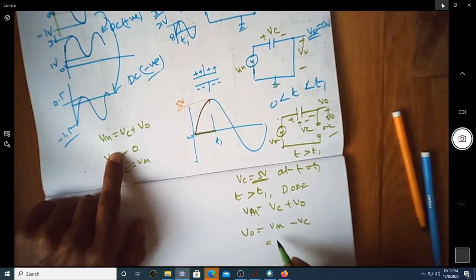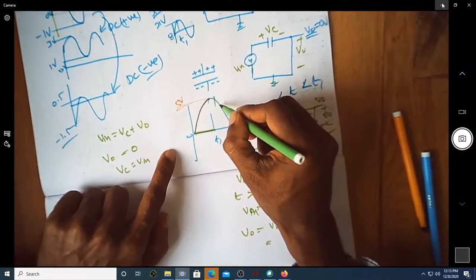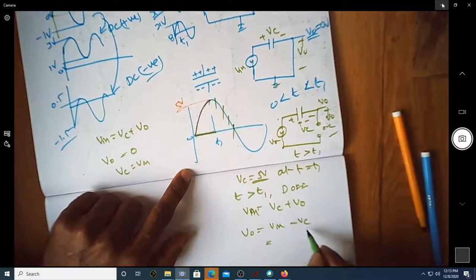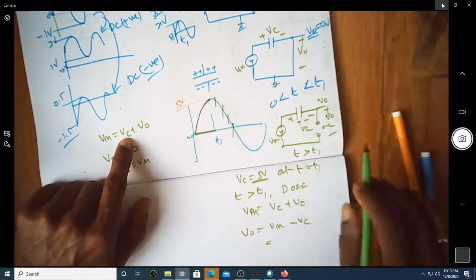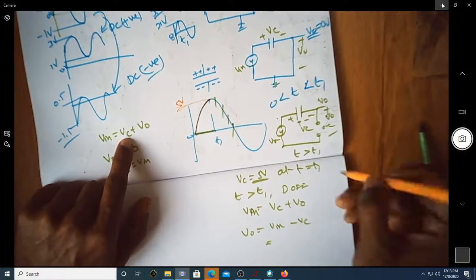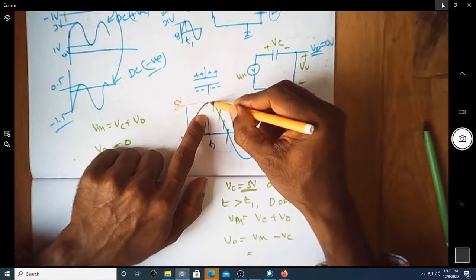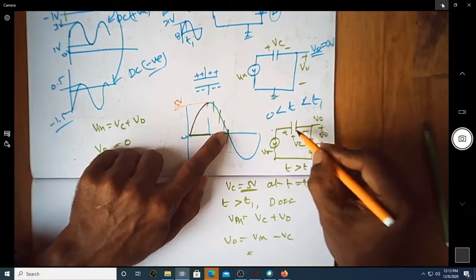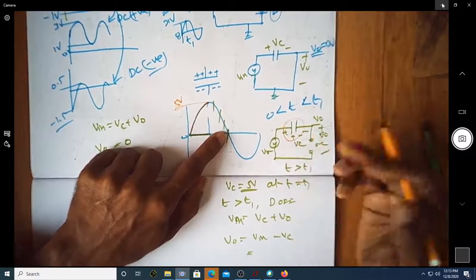Now you can see V in is actually keeping on reducing. Assume that V in is 4 here, 3 here, 2 here, and then 0 here. So what is the capacitor voltage? The capacitor voltage has charged to 5 volt. Once the input voltage starts coming down below 5, the diode open circuits and the capacitor cannot discharge, because it doesn't have a discharge path at all.